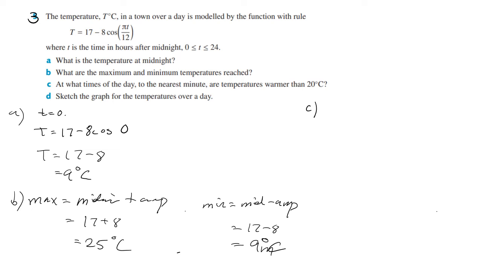At what times of the day, to the nearest minute, are temperatures warmer than 20 degrees? Alright, so our temperature has to be at least 20 degrees. So let's just solve for big T equals 20 first. Saying 20 equals 17 minus 8 cos pi T on 12.